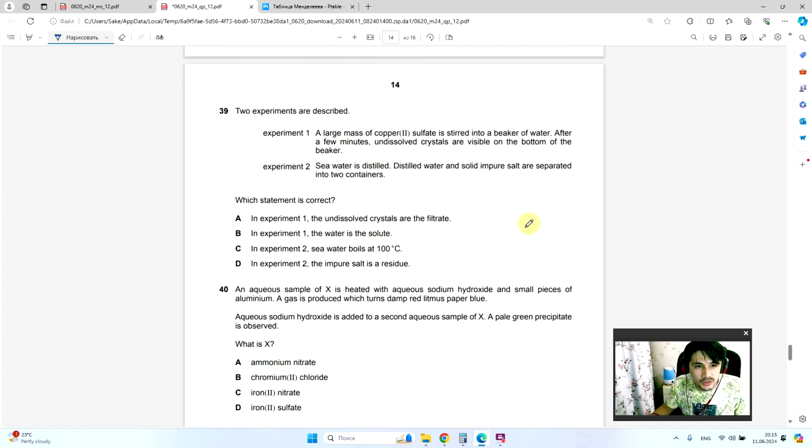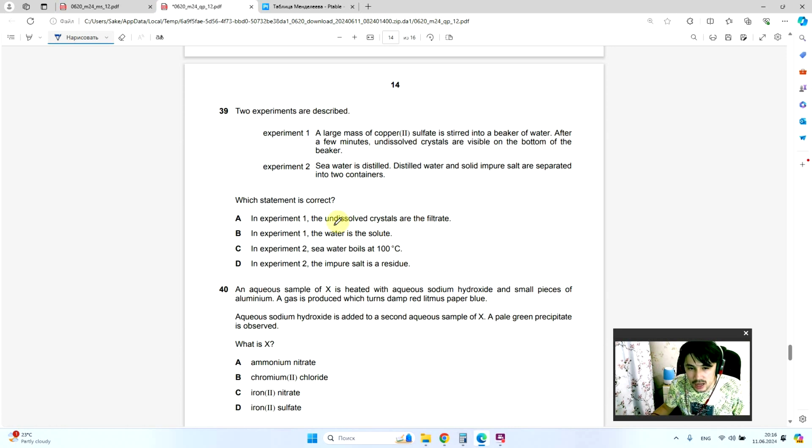Alright, question number 39. There are 2 experiments and we need to choose the correct statement. A large mass of copper sulfate is stirred. After a few minutes, the undissolved crystals are visible on the bottom of the beaker. Okay. Seawater is distilled. Distilled water and solid impurities are separated into containers. In experiment 1, the undissolved crystals are the filtrate.